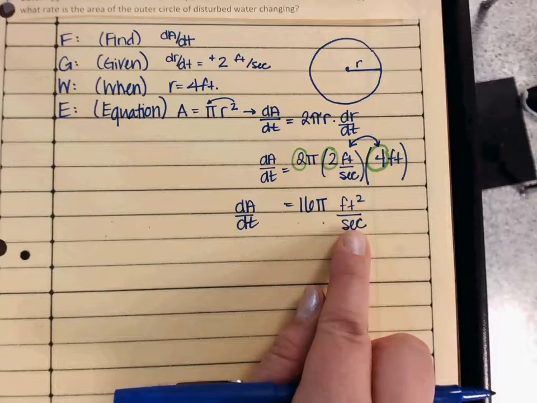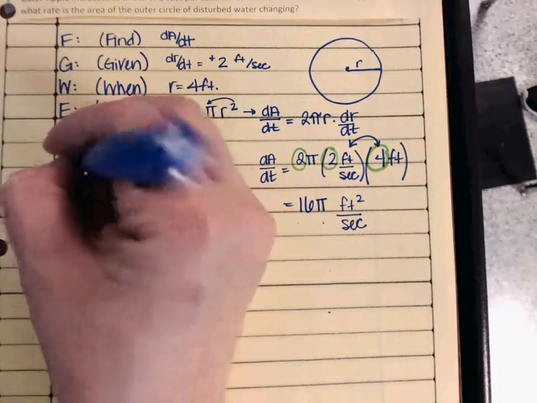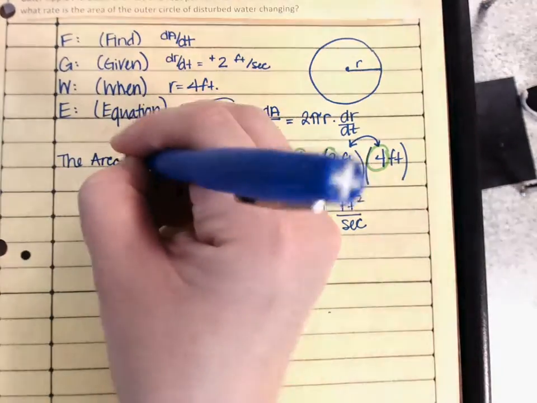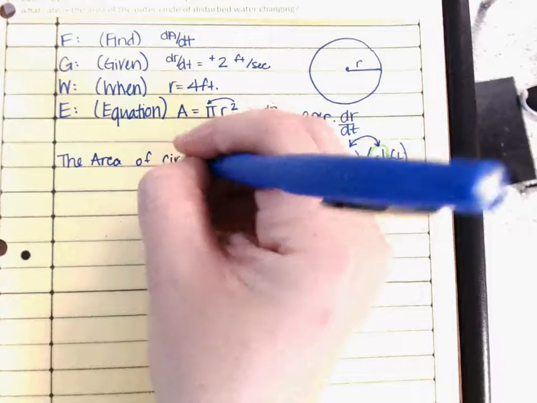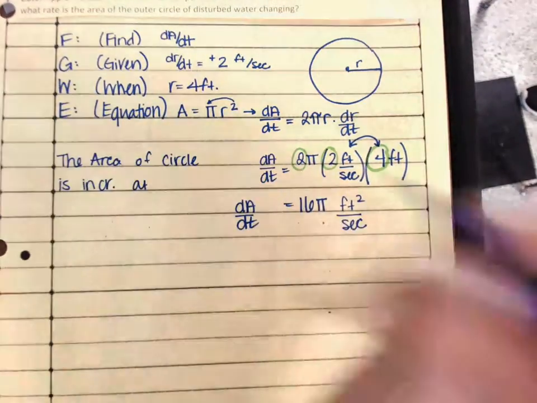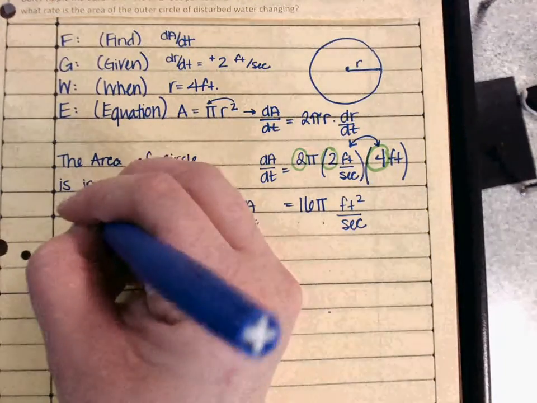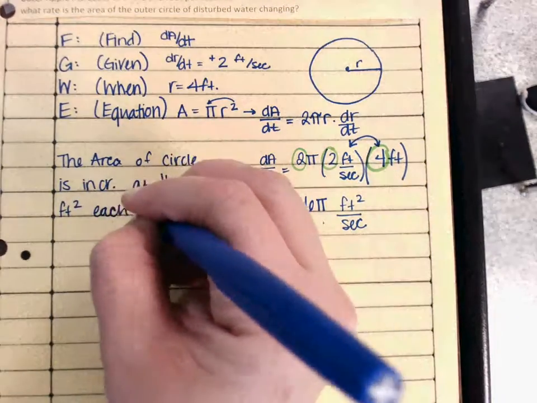Does feet squared measure area? Yes. So you would say the area of the circle is increasing at 16 pi feet squared each second.